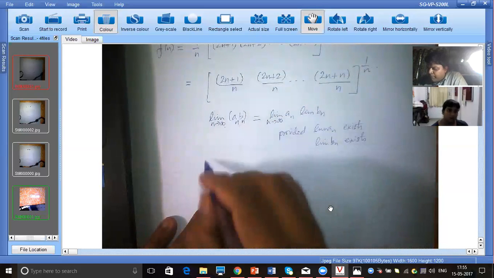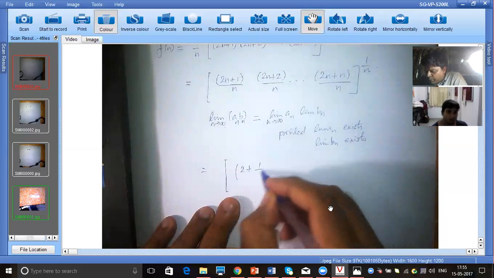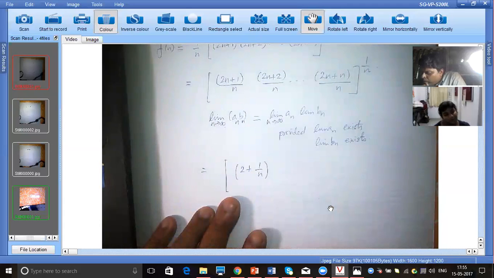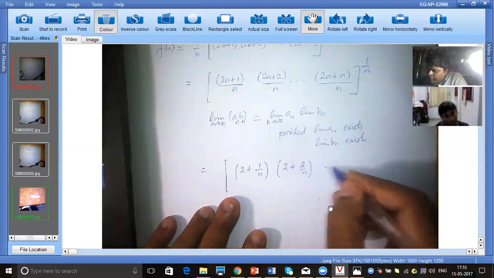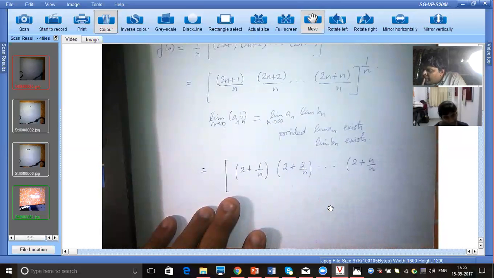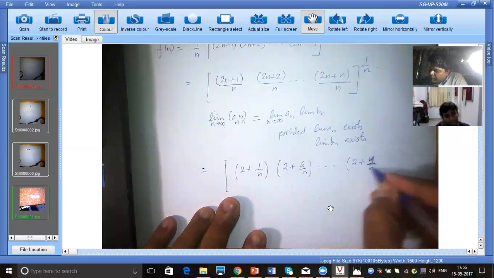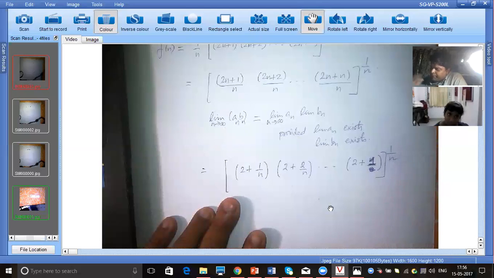Now if I do the next step, which is pull an n out, I'll get 2 plus 1/n, by n and n cancel off, 2 plus 2/n, 2 plus n/n. 2 plus n comes out, n times (2 plus 1), right? So (2 plus 1), n/n is just 1. All of this raised to the 1/n.